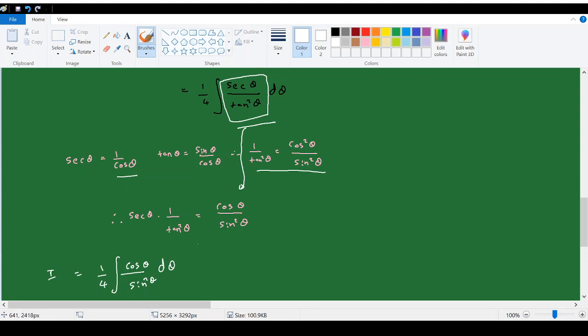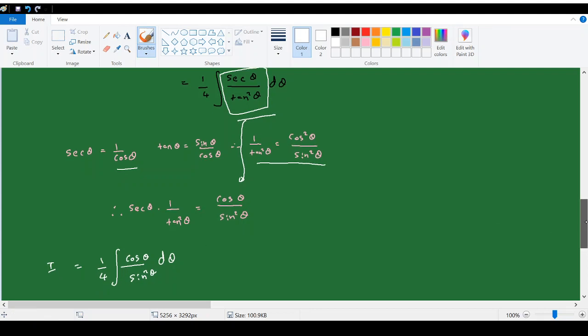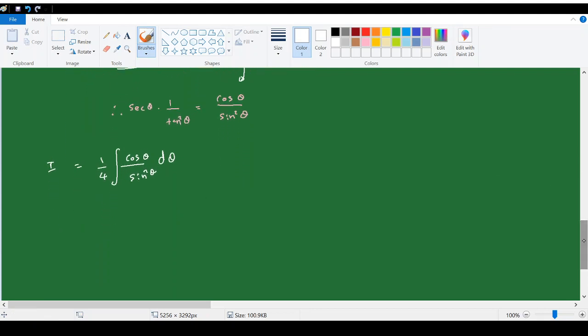Now for this one also we don't have a direct result. So what we can do is use another simple substitution where we substitute u as sine theta, right?